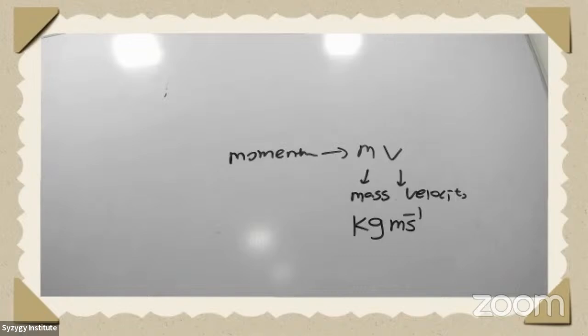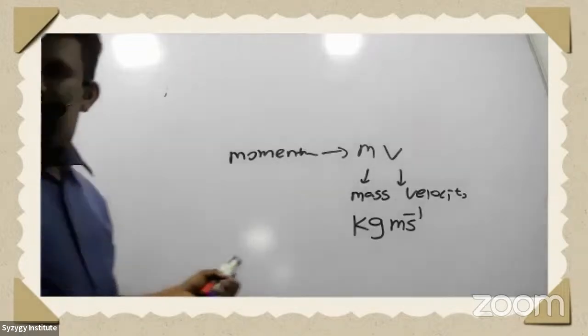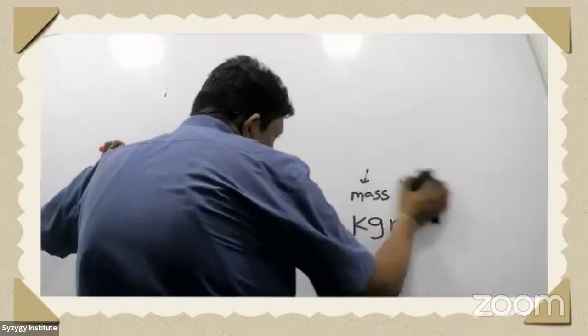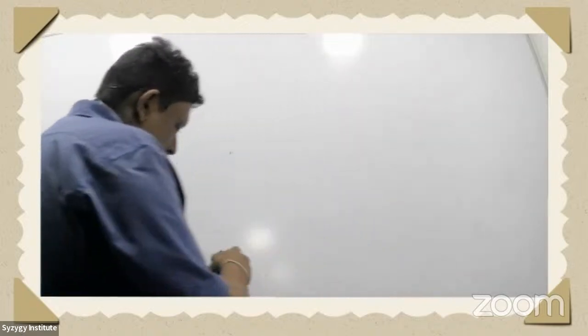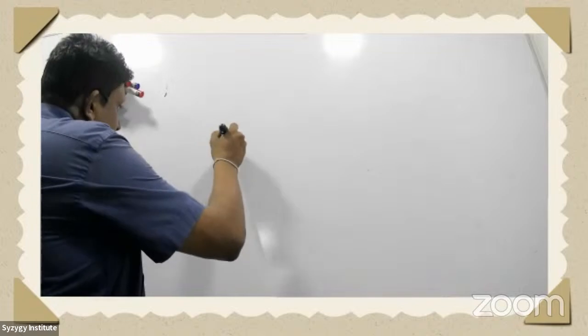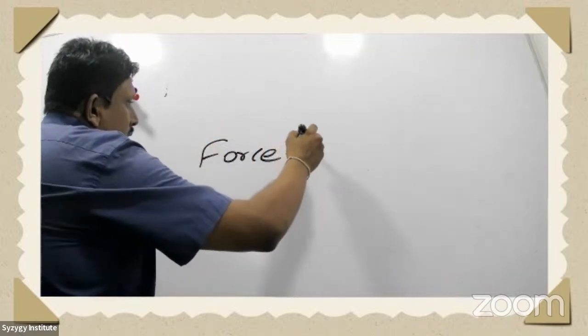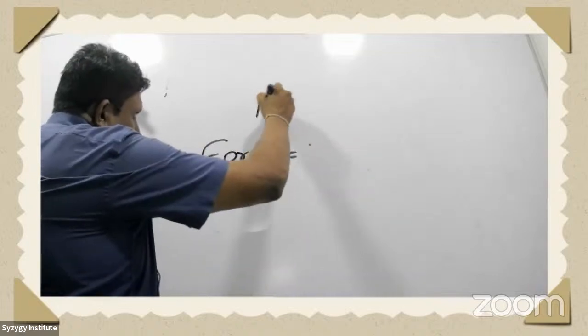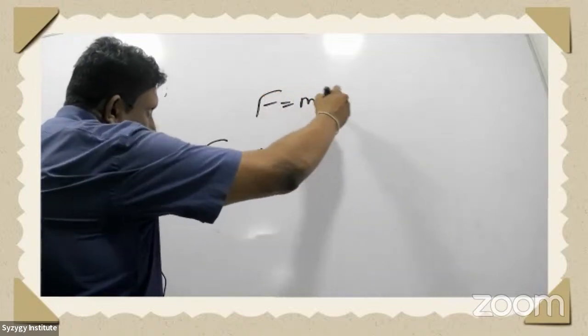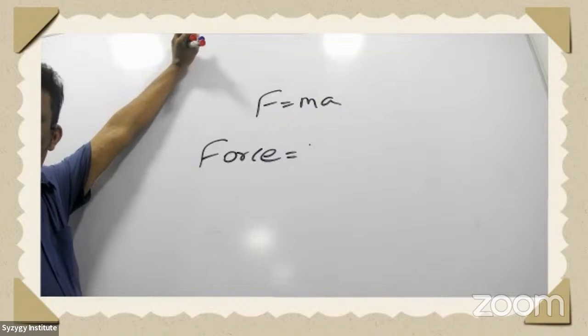And pressure. Force. We can write F is equal to m into a, mass into the acceleration.